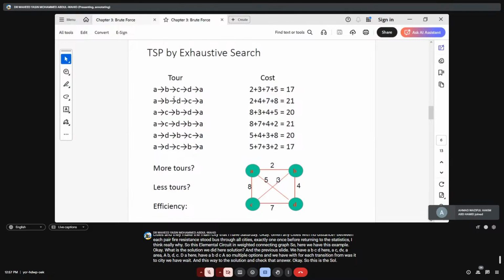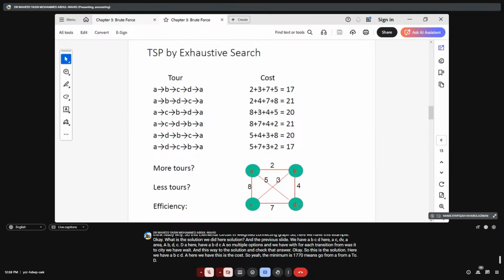So this is the solution. Here we have A, B, C, D, A. Here, this is the cost. So here the minimum is 1770, meaning go from A to D to C to B, then A.